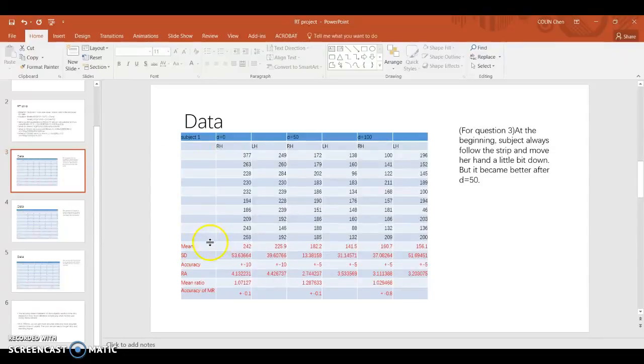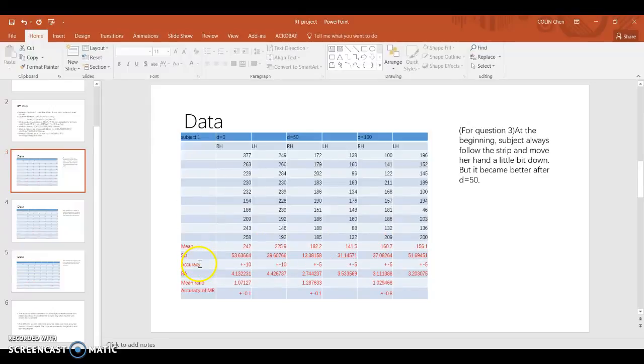And from the data, I can get the mean for the right hand when D is equal to 0, which is 242. I add all of the data for the right hand when D is equal to 0 together and then divide by 10 to get the number. I did the same process for the other mean values.